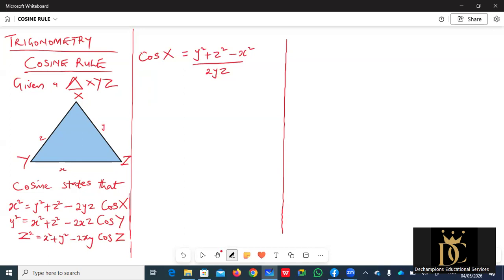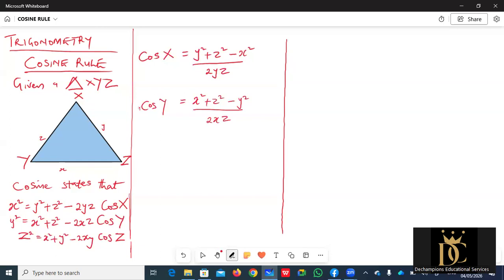Also, if you want to find angle Y, cos of angle Y will be equal to x square plus z square minus y square over 2xz.